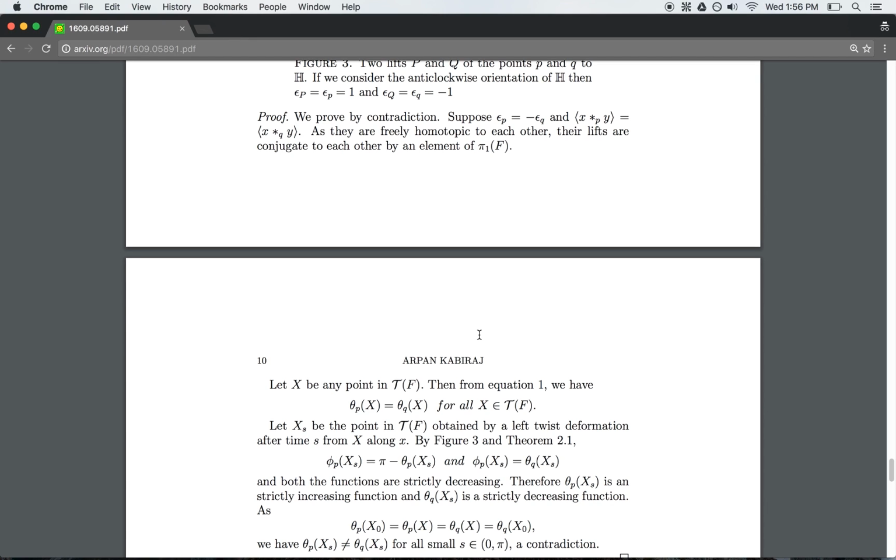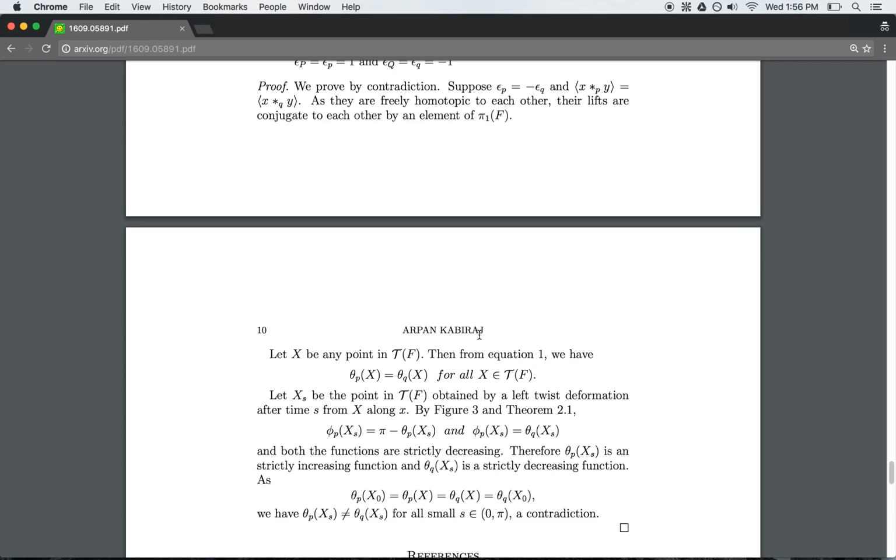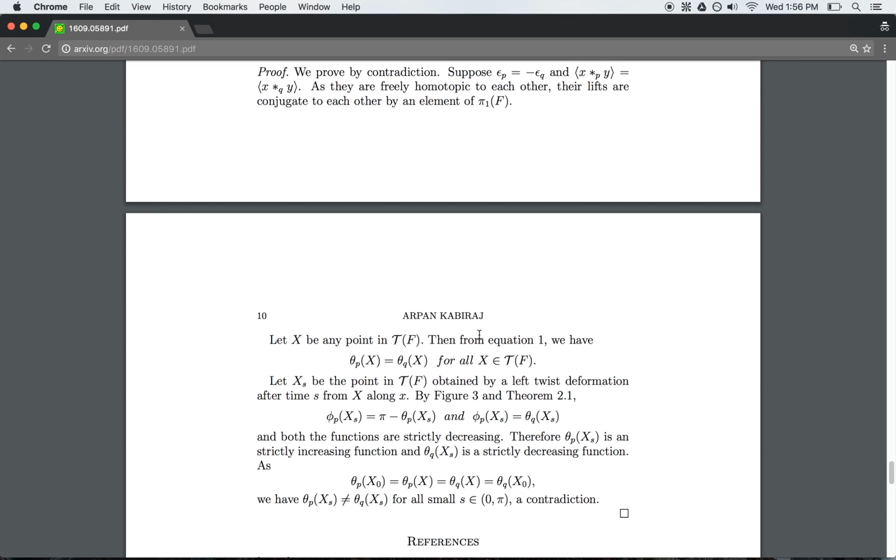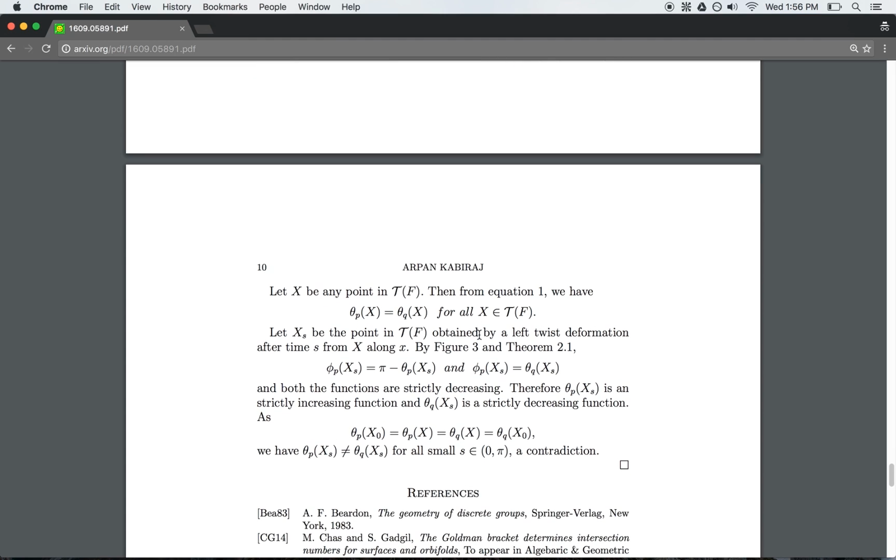Phi sub P of capital X sub s is equal to pi minus phi sub P of X sub s, and phi sub P of X sub s is equal to phi sub Q of X sub s, and both of the functions are strictly decreasing. Therefore, phi sub P of X sub s is a strictly increasing function, and phi sub Q of X sub s is a strictly decreasing function, as phi sub P of X sub 0 equals phi sub P of X, and phi sub Q of X is equal to phi sub Q of X sub 0.